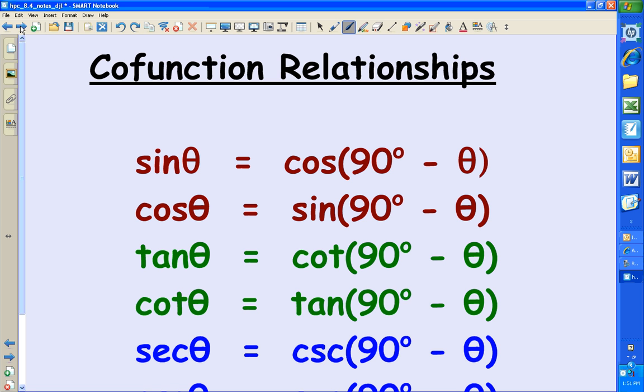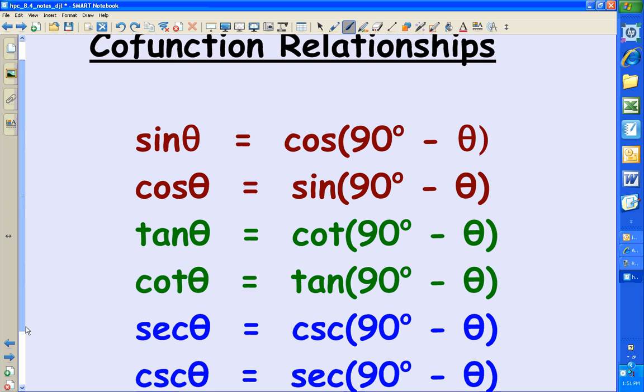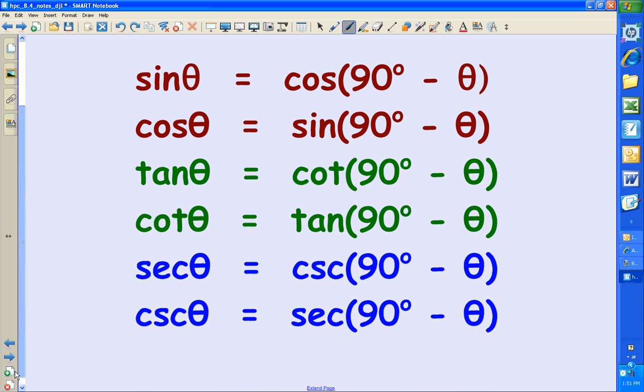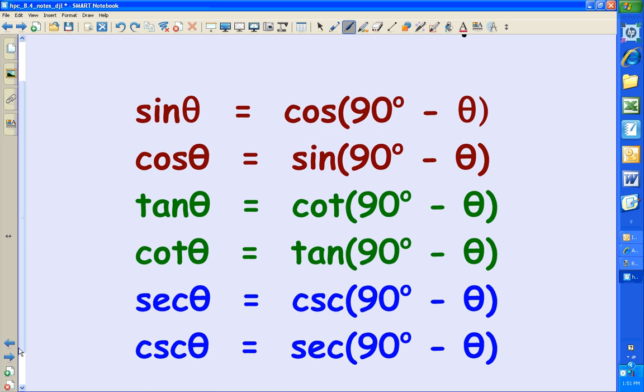And similar values for tangent, cotangent, secant, and cosecant. I'll give you a second to get these copied if you want them.